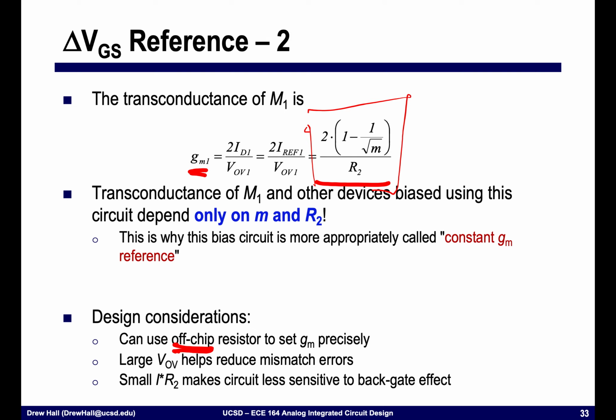If I want to minimize some of the mismatch that we'll talk about a little bit later in this course, it typically helps to have a large overdrive voltage. So it's useful to think about that when you're sizing this, that you want to have VOV1 be relatively large. And you want to minimize the backgate effect of the second device M2 here.